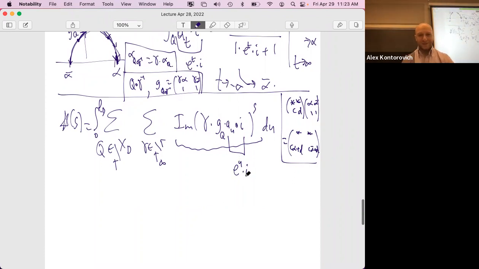Okay, so I think I can do this computation all at once. The original imaginary part is e to the u. I divide by the norm squared of c alpha bar plus d, and then this whole thing is raised to the s power.